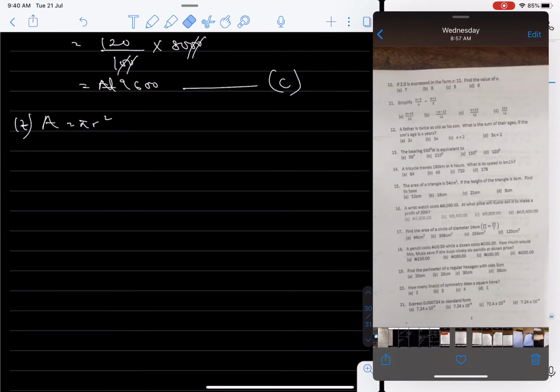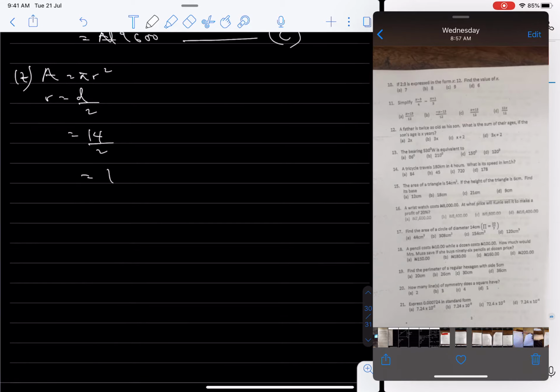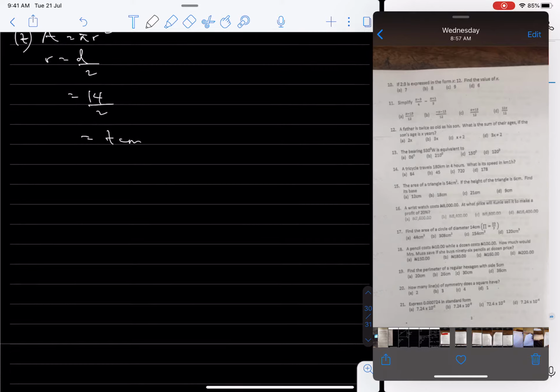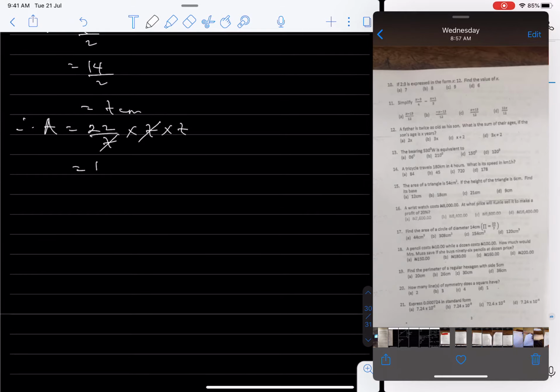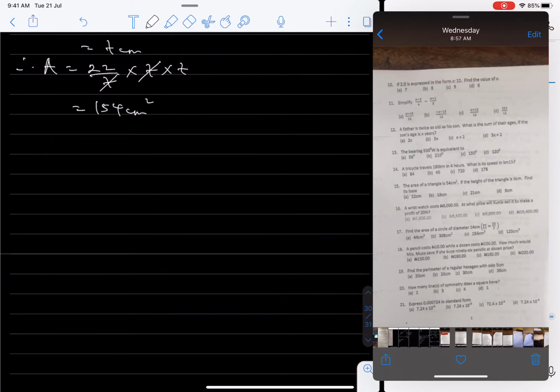Radius is diameter over 2, which is 14/2, and that's 7 centimeters. Therefore, area is pi, which is 22/7 times r squared, which is 7 times 7. 7 here 1, 7 here 1, and that's 154 centimeters squared.